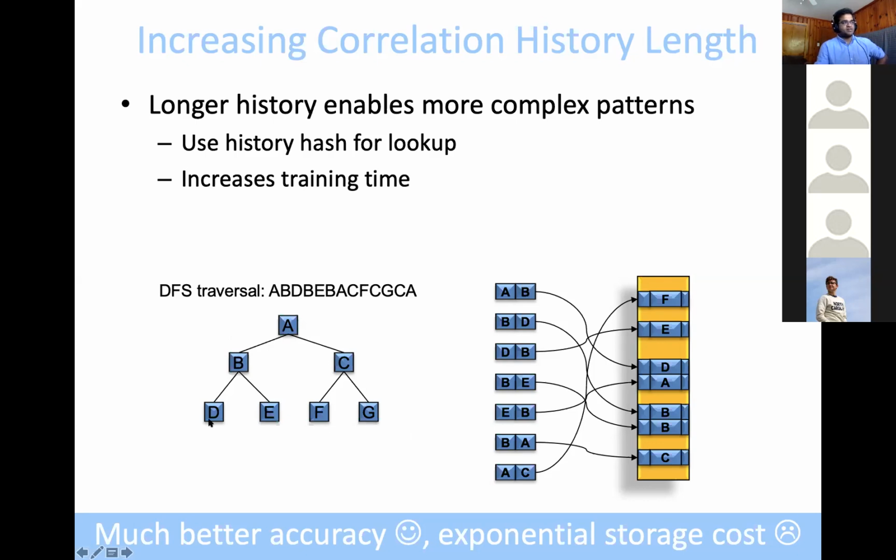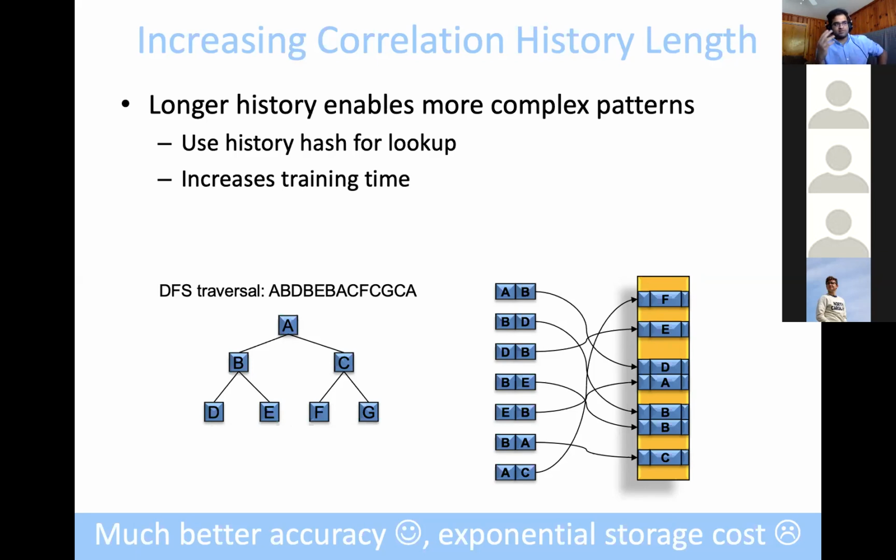And at B, in that case it's DB, and then you go to E, and BE, and then you go back to B, and so on. So now you can store this kind of correlation table that encodes access history into the table.